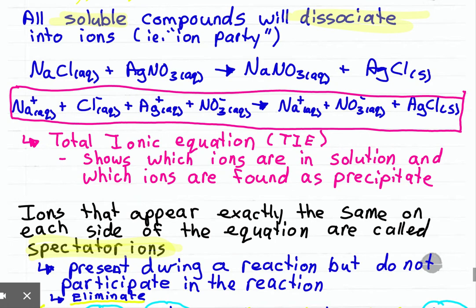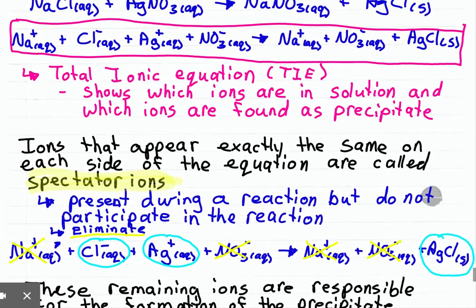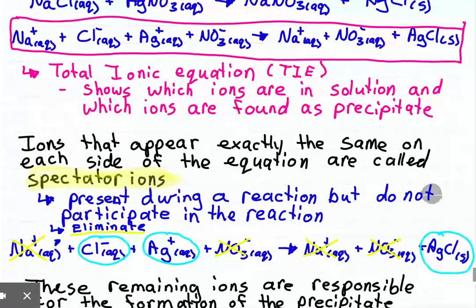These ions are called spectator ions. Now, our spectator ions, they are present during a reaction, but they do not participate in the reaction. So the sodium and the nitrate, they were at the ion party, but they didn't participate in the behavior that caused a reaction. They were there, but they didn't leave with someone else and cause a precipitate.